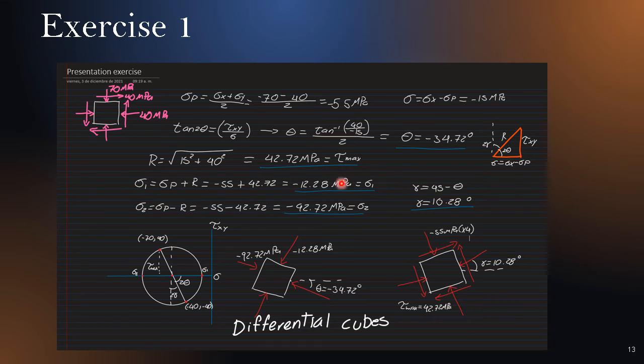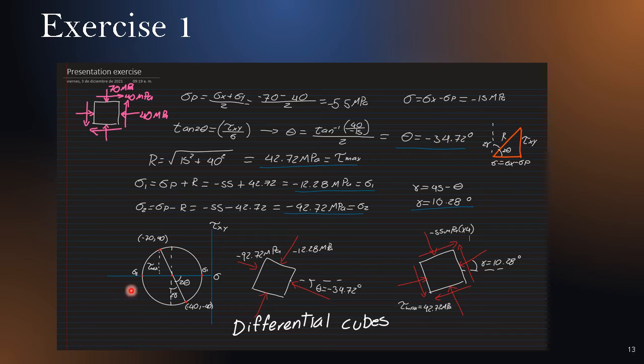We find both of its main stresses by adding and subtracting the radius, as we saw before. And now we just have to graph. We have the center, it's over here. So we know that the center of the circle is on the left, and the larger main stress is negative, so all the circle is on the left side of this diagram.